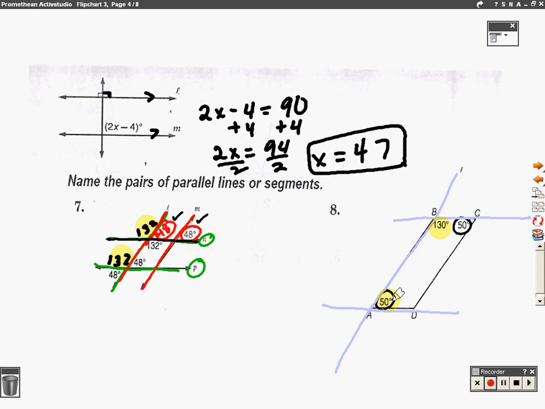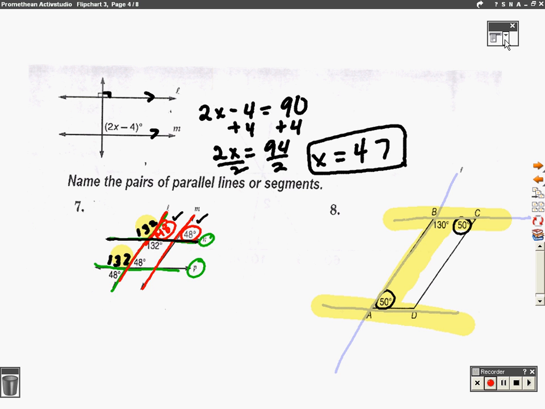So because we know that 130 plus 50 is equal to 180, well, that means that these lines right here are going to be parallel because of the converse of the same side interior angle theorem.